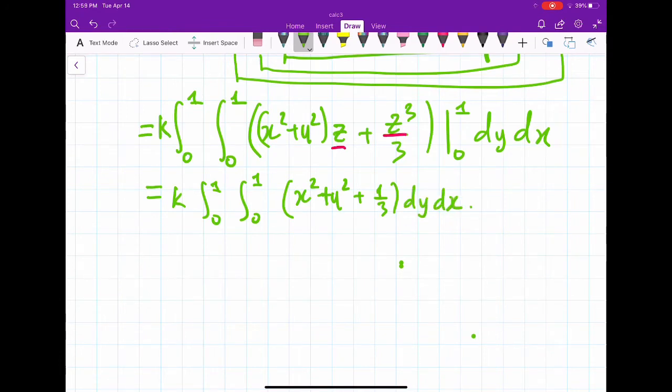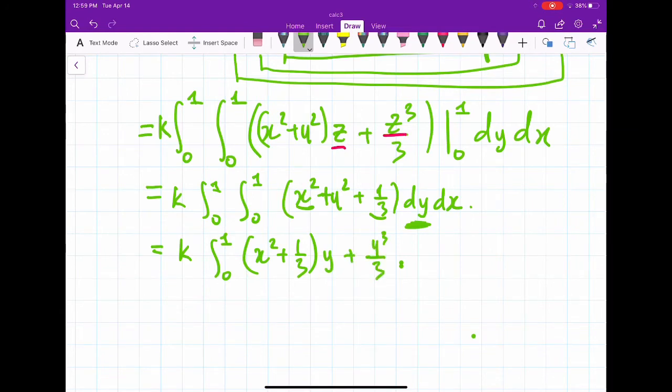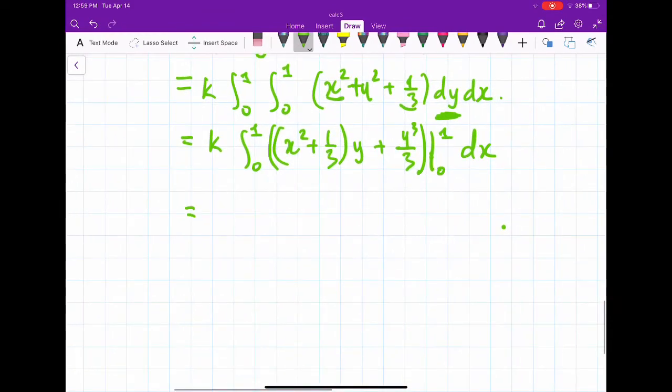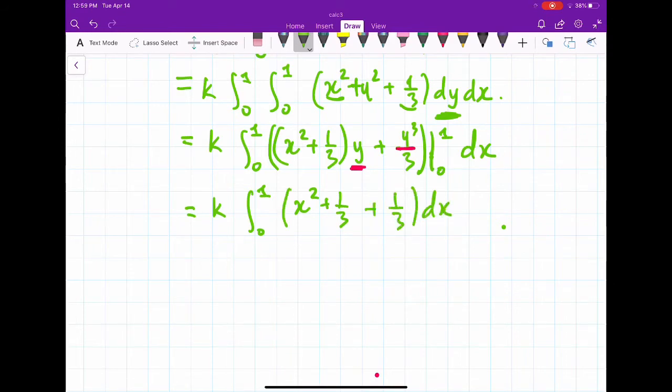And now we integrate with respect to y. We get k times the integral from 0 to 1. X squared plus 1/3 are constants, so I can write x squared plus 1/3 times y, plus y cubed over 3, evaluated from 0 to 1, dx. I plug 0 and 1 into this function. At 0, the function is 0 again. At 1, this is equal to k, integral from 0 to 1, of x squared plus 1/3 plus 1/3, dx.